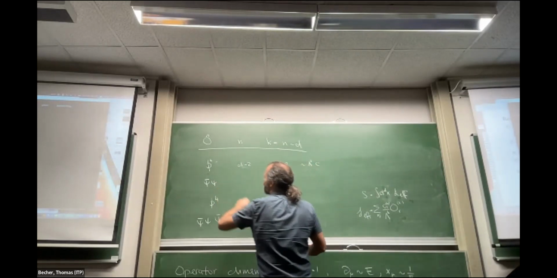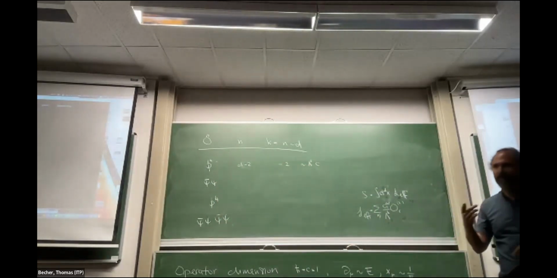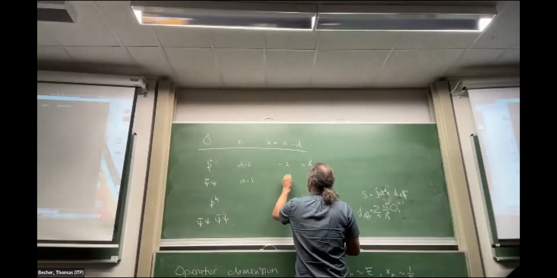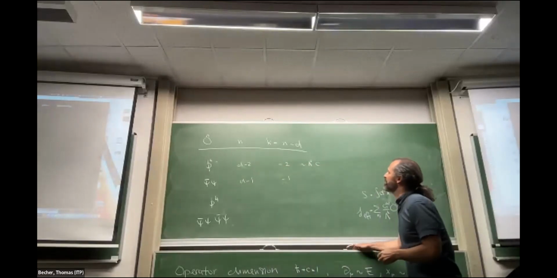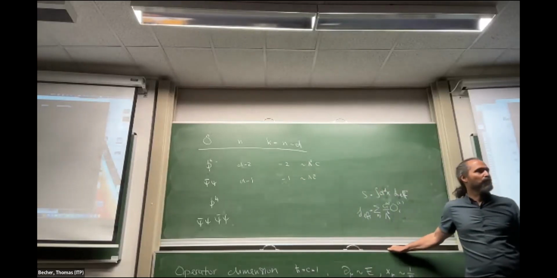Let's do the next one. For the phi, we had (d minus 1)/2 times 2, which is d minus 1. So minus the d is minus 1. That would mean this goes like some lambda, still like one power of lambda.